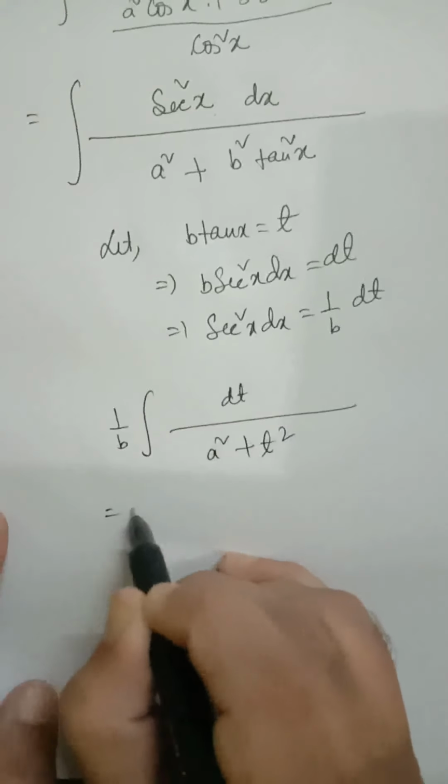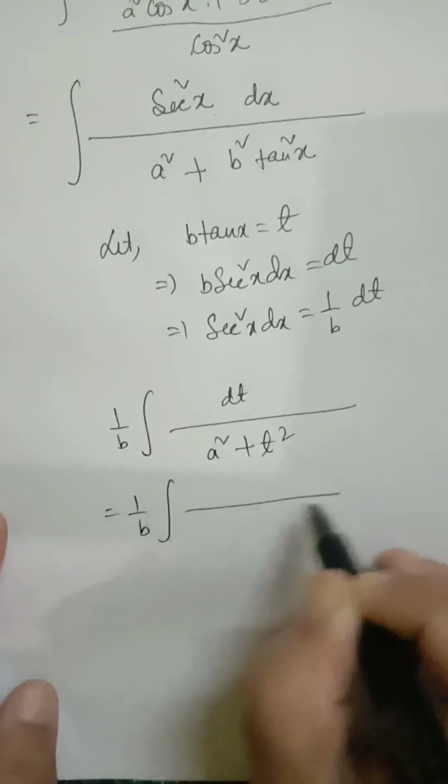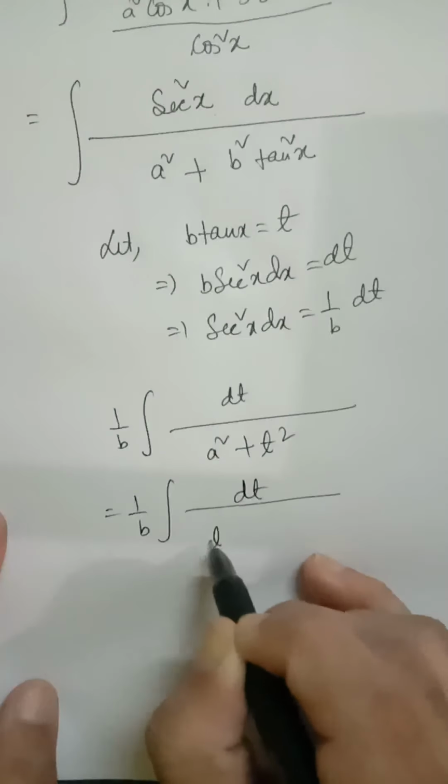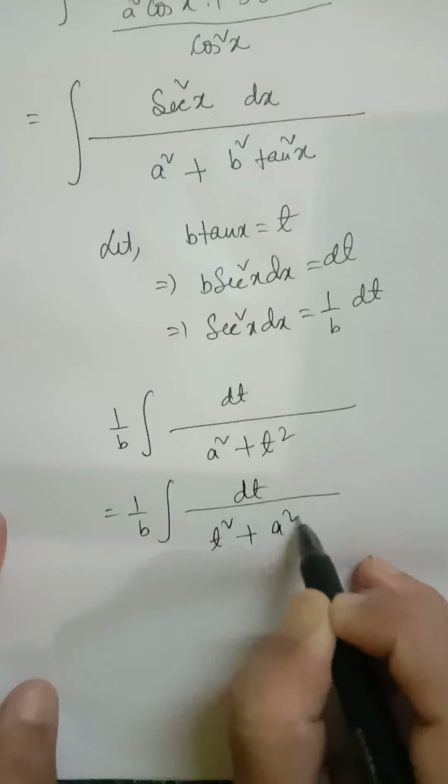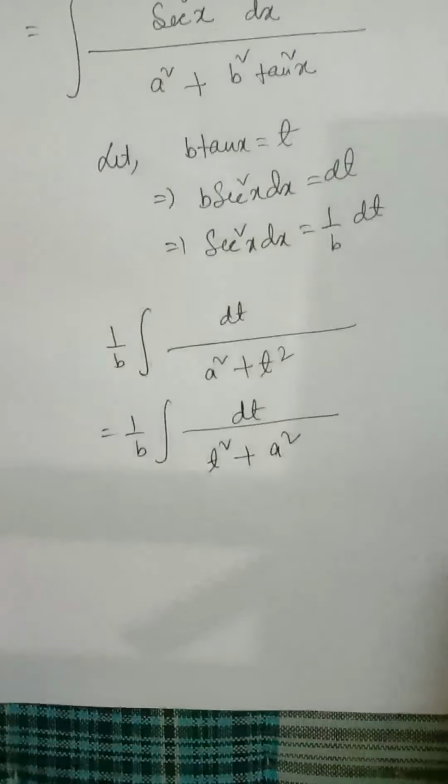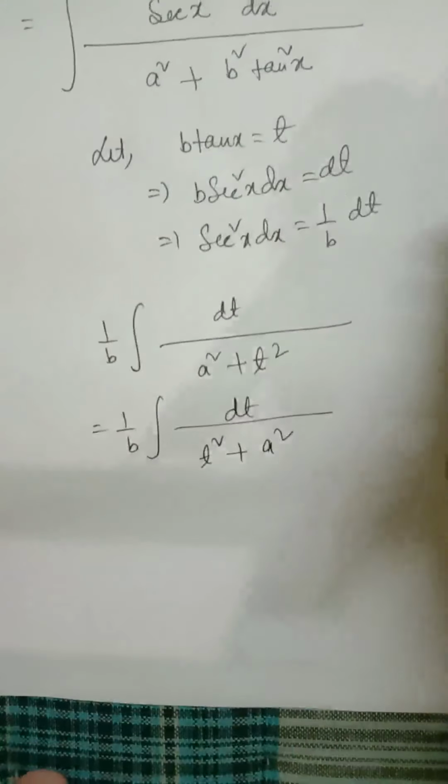So we can write this as dt by t square plus a square. Now this is in standard form, dx by x square plus a square.